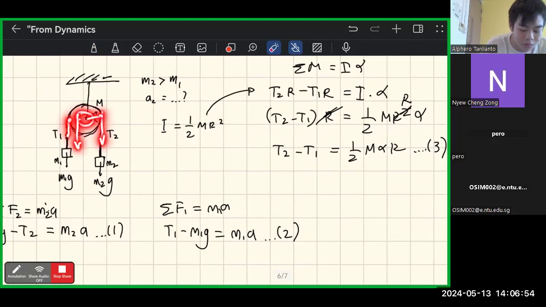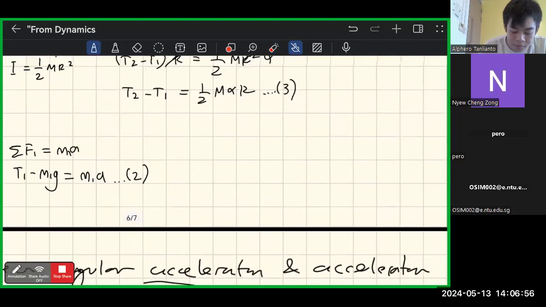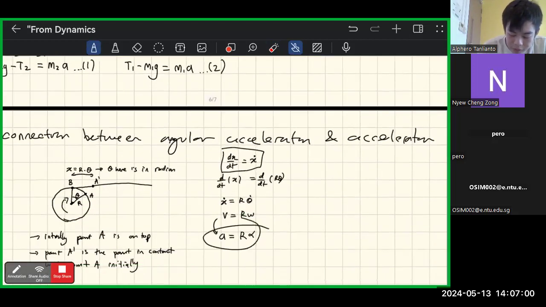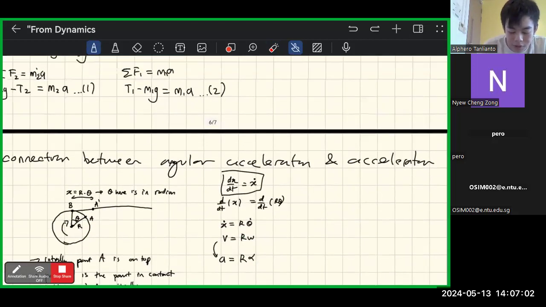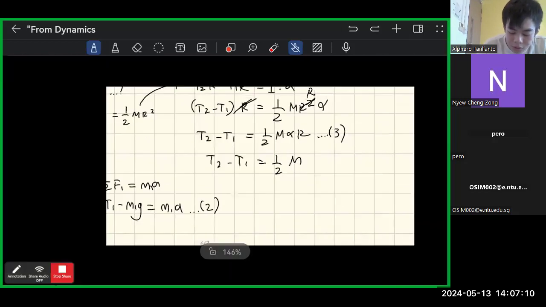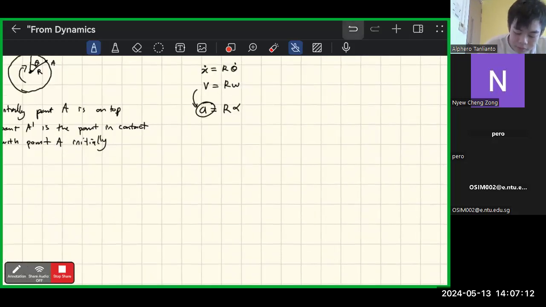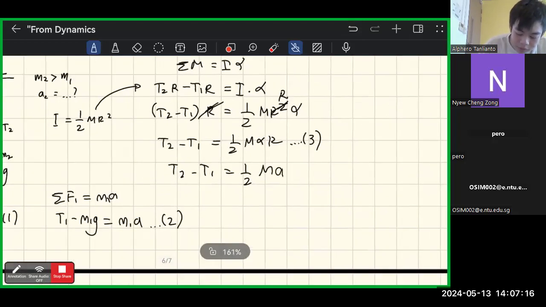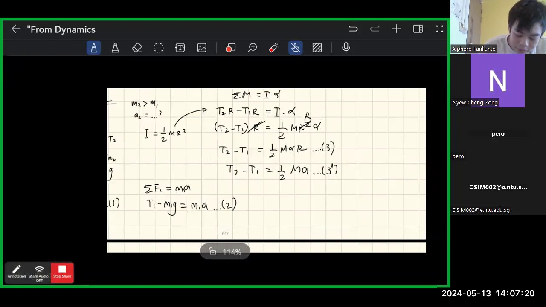That's another question to talk about. So alpha R equals A, and T2 negative T1 equals half of M A. This is the third prime equation that we want.